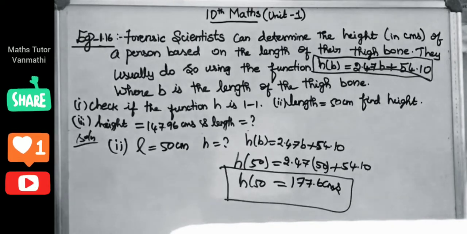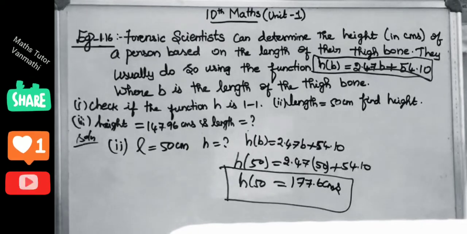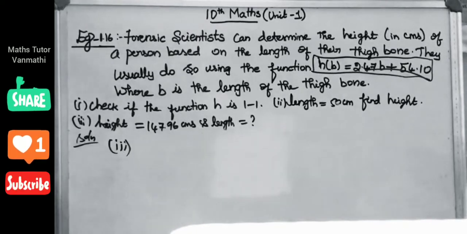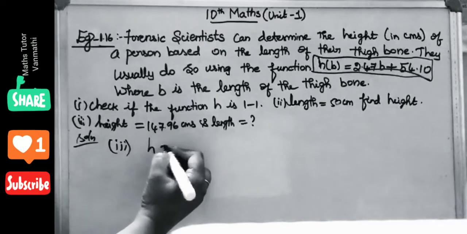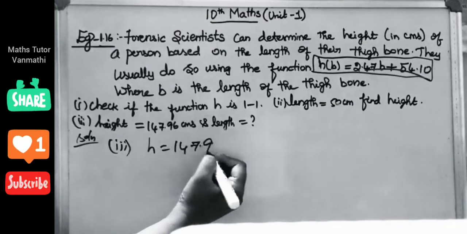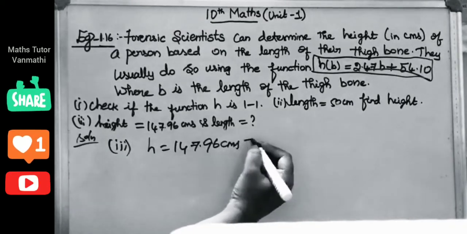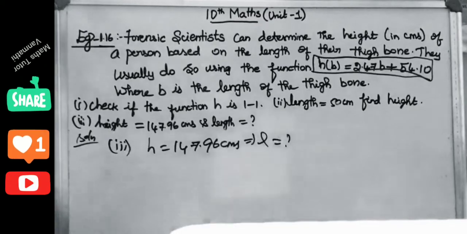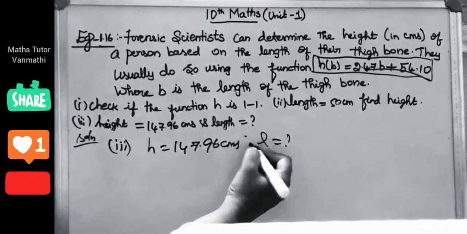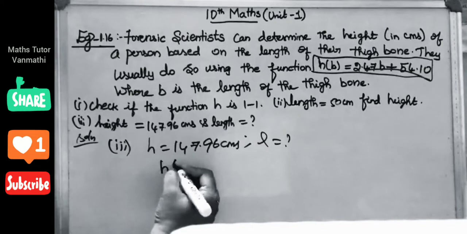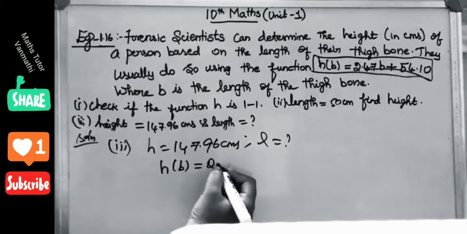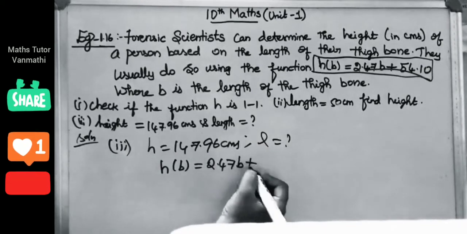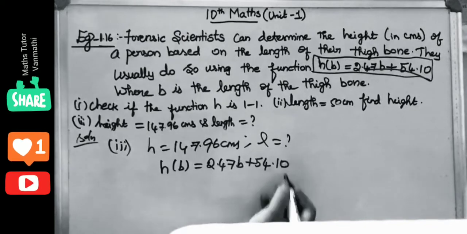Similarly, we can see the third subdivision. The third subdivision gives the height as 147.96 centimeters. We are going to find the length. So h of b is equal to 2.47b plus 54.10.